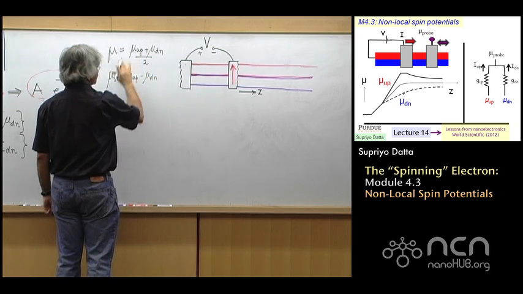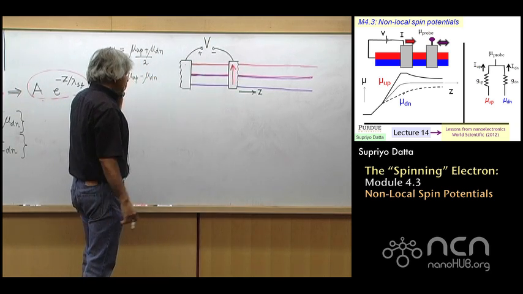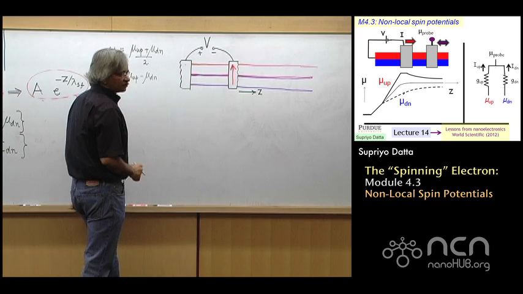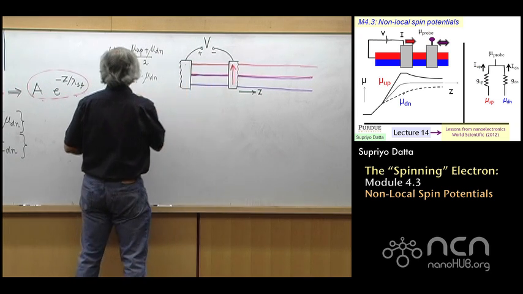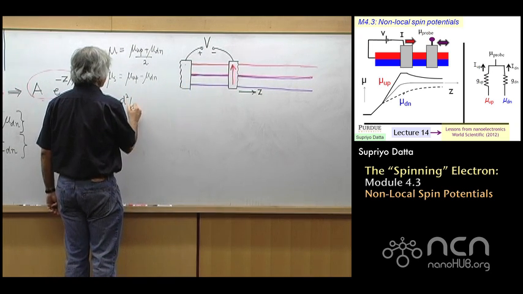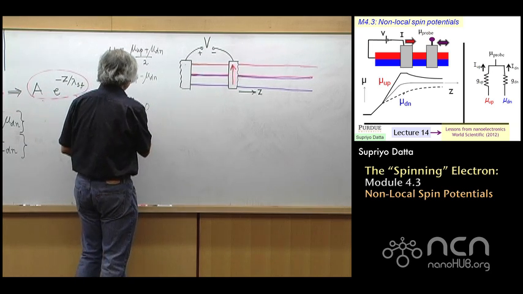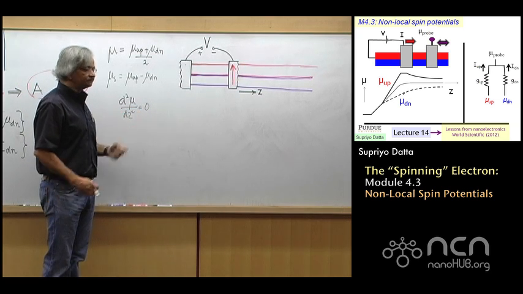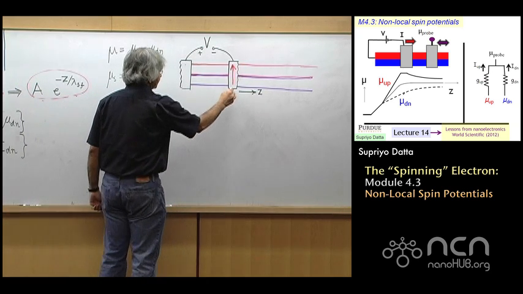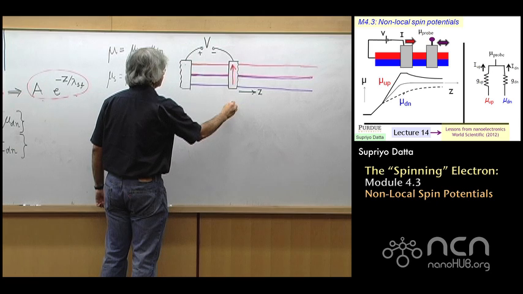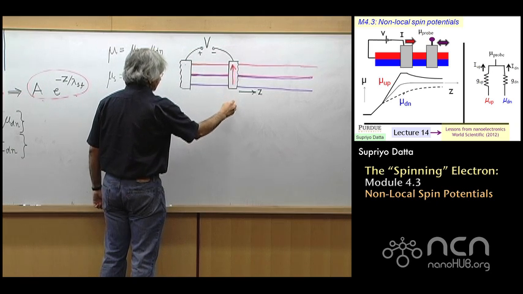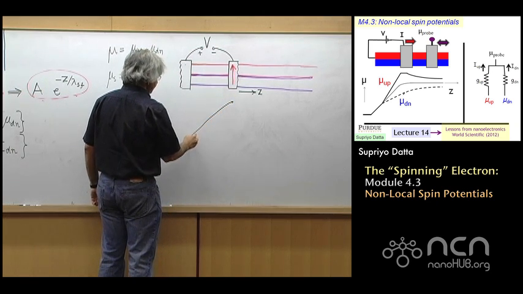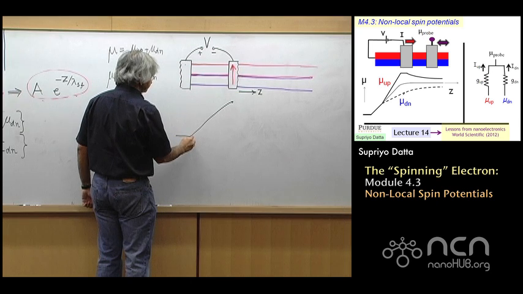So let's first think of the charge potential. Now the charge potential, as you know, obeys the basic equation, d2 mu dz2 equals 0. And when the second derivative of something is 0, it means that it's basically a straight line. So what you'd expect is somewhere from here to the other end, it would be like a straight line.